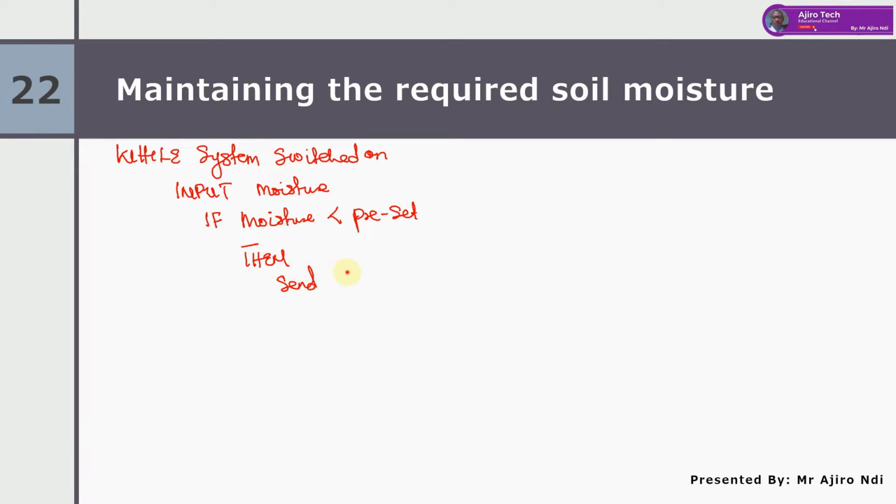Then send signal to actuator to open sprinkler valve or remain open.